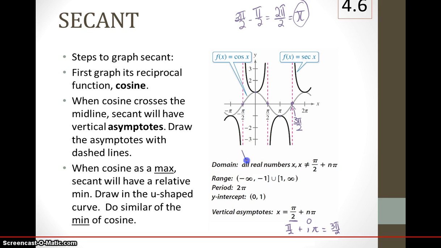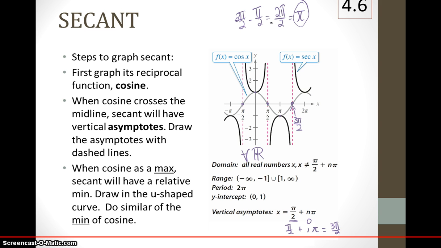We can abbreviate for all real numbers by an upside down A, and then our real numbers is an R with 2 lines on it. For all real numbers, x can't be equal to the vertical asymptotes, which we discussed down below, because our graph, remember, gets closer and closer to that vertical asymptote but never touches it.